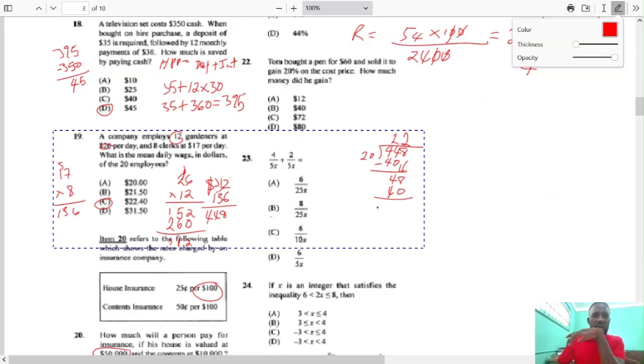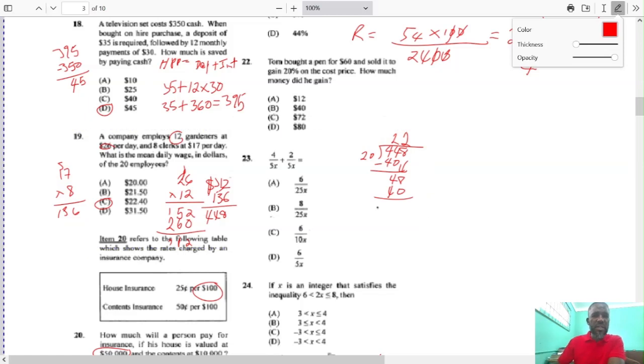All right, so moving on to this question, number 23 says 4 over 5x plus 2 divided by 5x. All right, again, here we have a situation where the common denominator is already 5x.